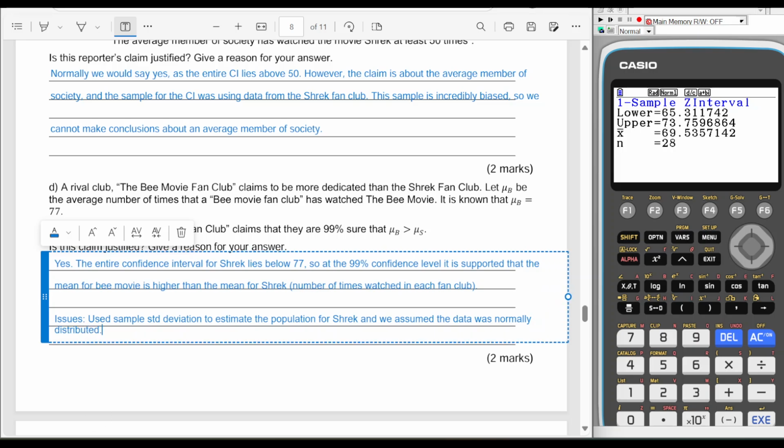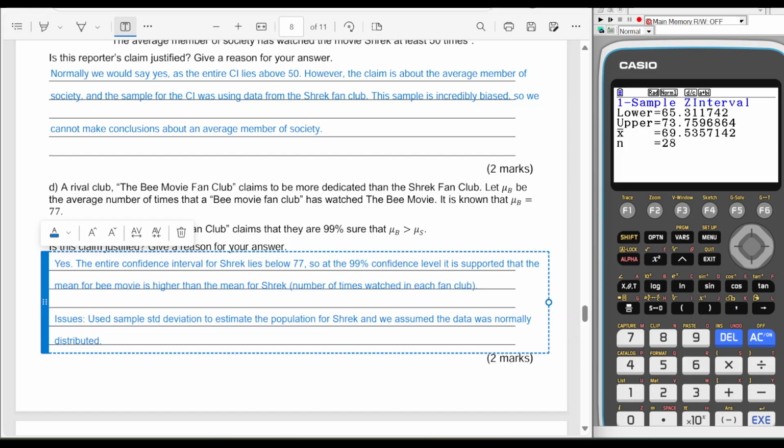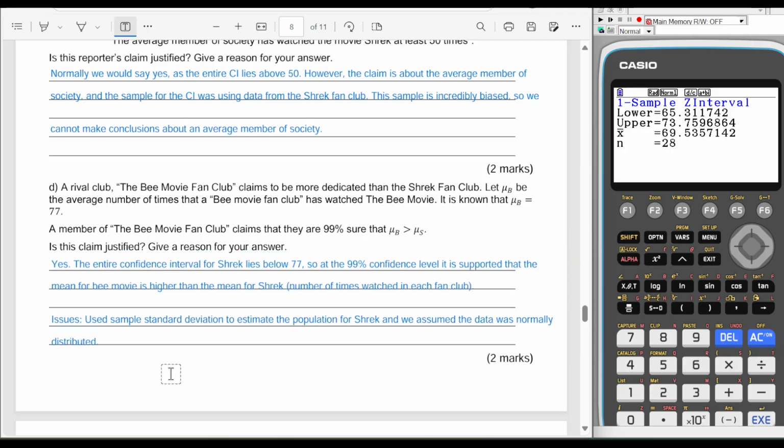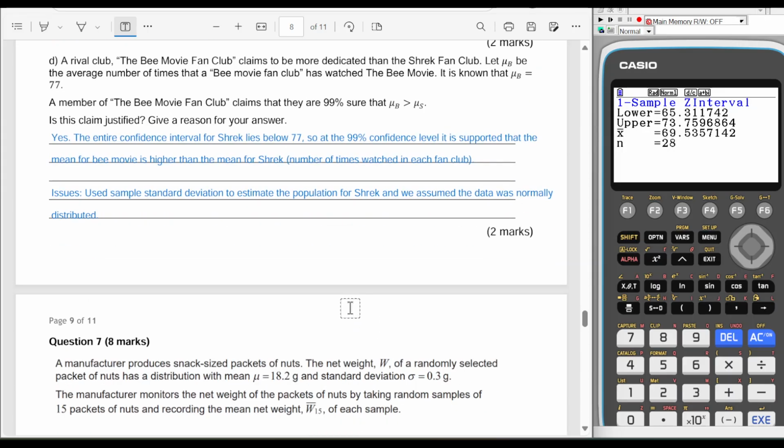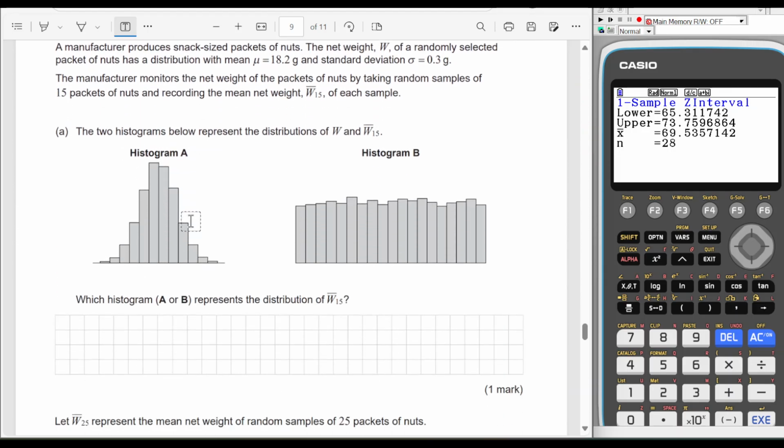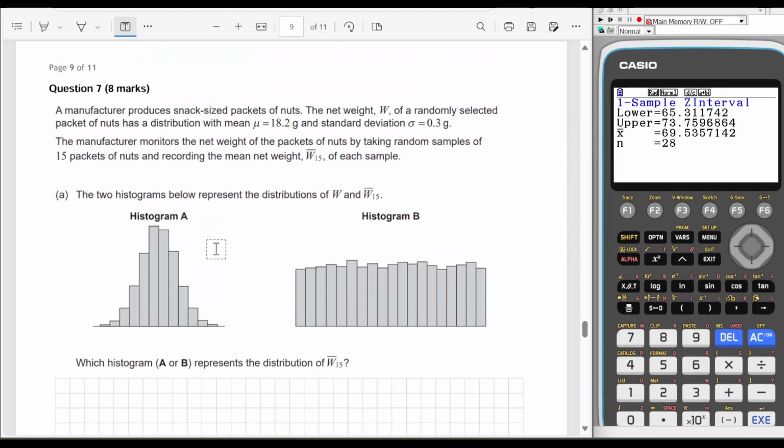So yeah, these are absolutely issues, and you'll get the full marks even if you didn't mention these necessarily, but it's sort of more evidence towards the A+ if you can identify some issues with your conclusion as well. Don't spend heaps long on the interpretation questions, but maybe come back and add some of this stuff if you get extra time. Okay, we've got a central limit theorem question.